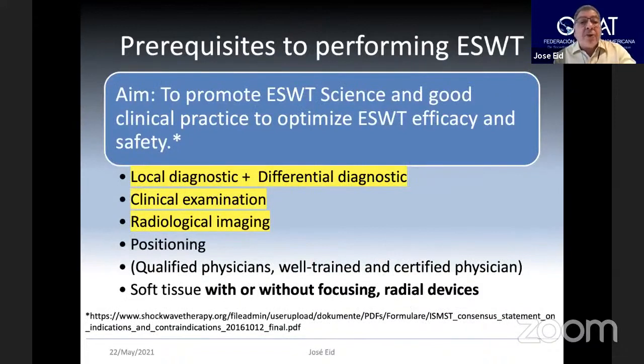But we have prerequisites to perform ESTT. The aim is to promote ESTT science and good clinical practice. So we need a local diagnosis and a differential diagnosis. It's a clinical examination and at least a simple X-ray.